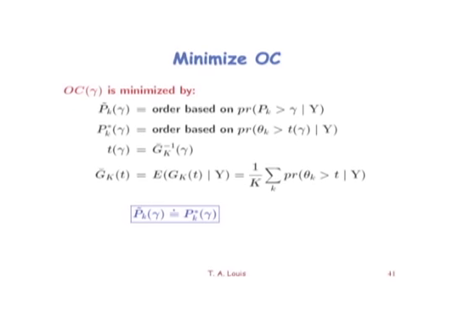This is an easy computation to show that what you want to do is order the clinics or the units, whatever they may be, based on these posterior probabilities of exceeding this gamma.